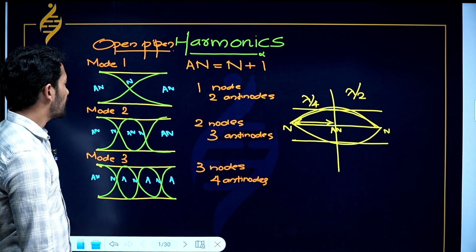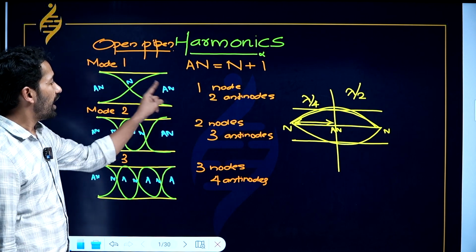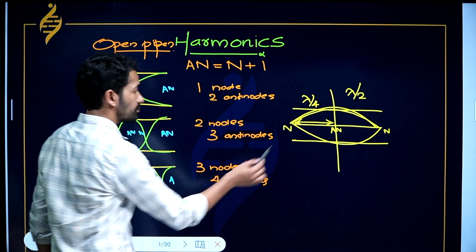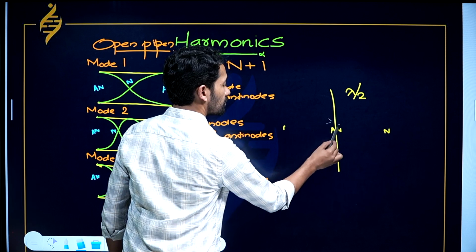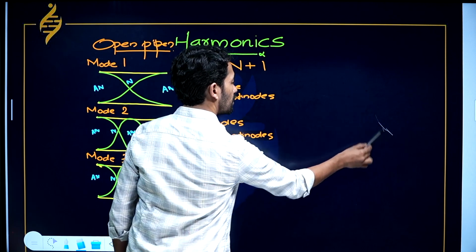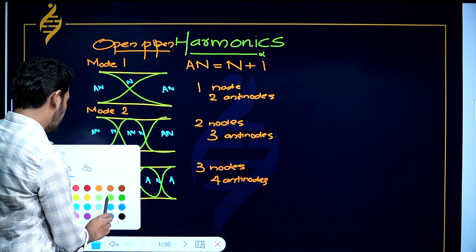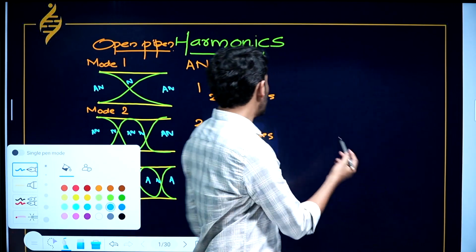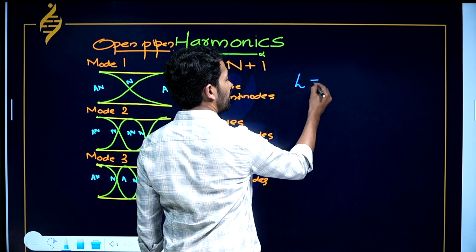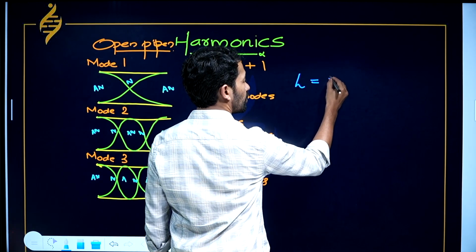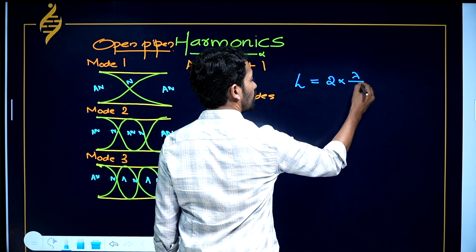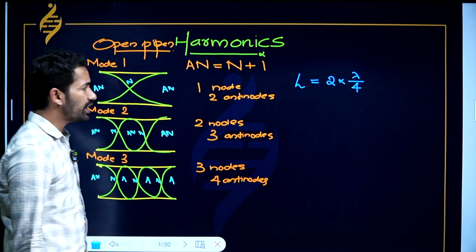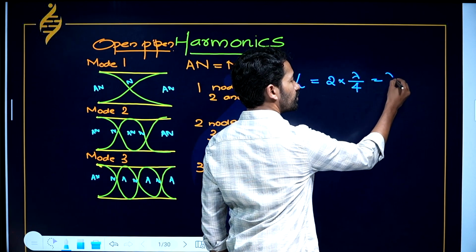Now please look here. I am having an antinode, node, antinode. So what will be the length there? In the first case, antinode, node and antinode, the length L is equal to 2 into lambda by 4, or I can take it as lambda by 2, correct?